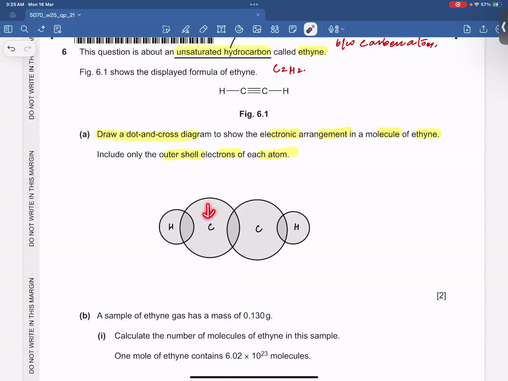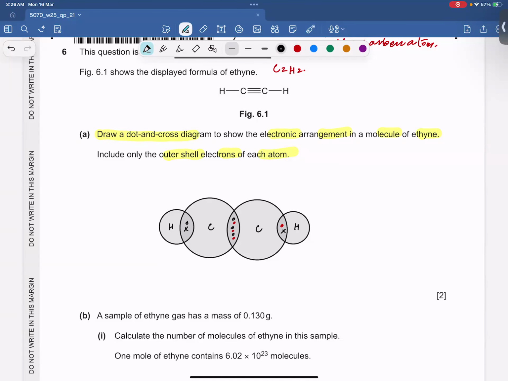Now, this carbon atom has 4 valence electrons. All right. So 1, 2, 3, and this one is 4. This carbon atom also has 4 electrons. 1, 2, 3, and this 4. Hydrogen electron is represented by cross.